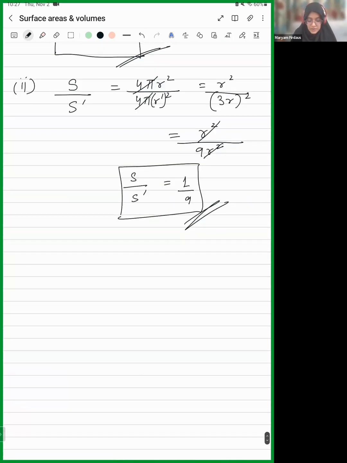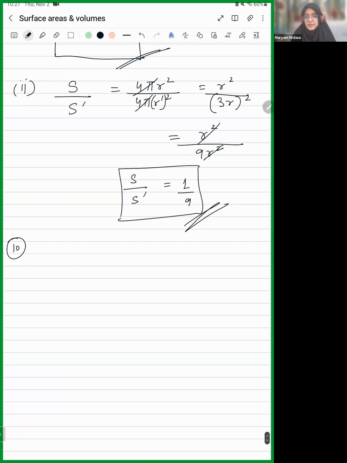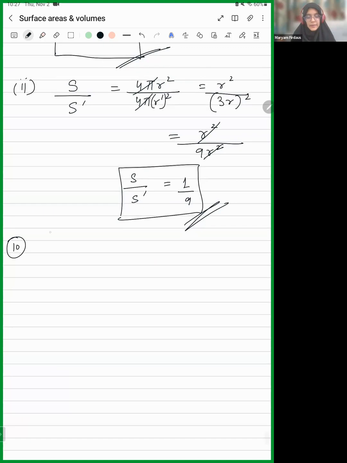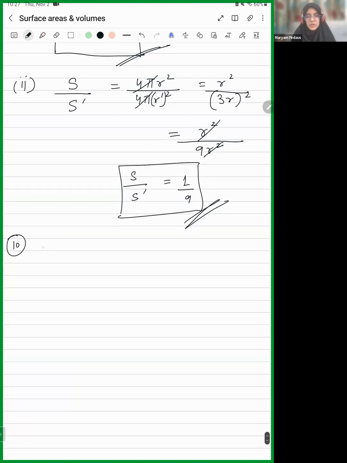So the next question, and the last question in this exercise, is: a capsule of medicine is in the shape of a sphere of diameter 3.5 mm. How much medicine is needed to fill this capsule?